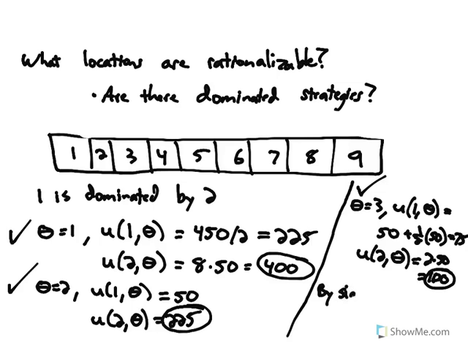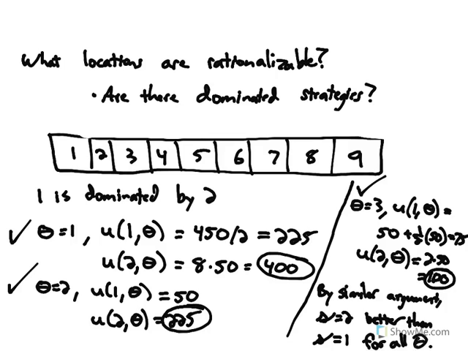By similar argument, locating at block 2, so the strategy is better than the strategy of adopting block 1 for all possible beliefs. Okay?